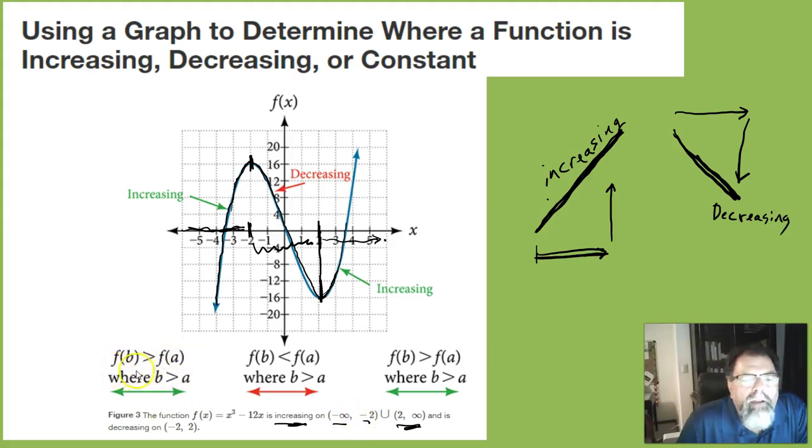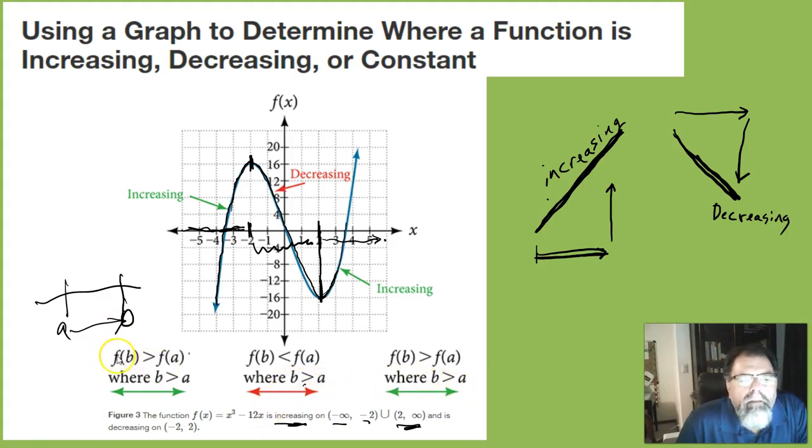So the y values are increasing as b. So b is greater than a. So if b is on the number line, this is a and this is b. So that's from left to right. Okay. So from left to right, that's what this bottom part is.